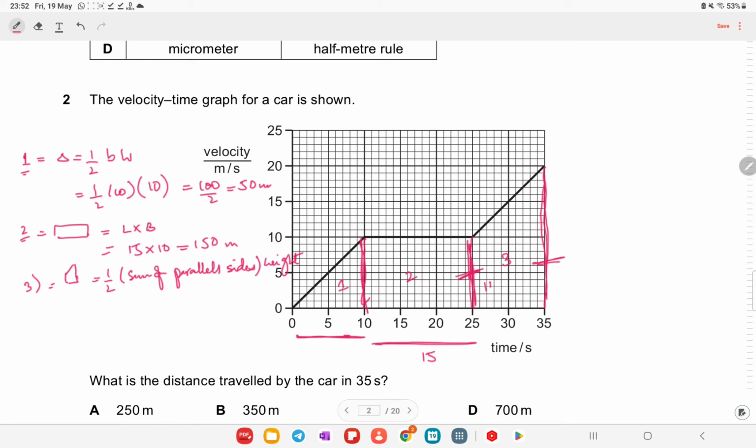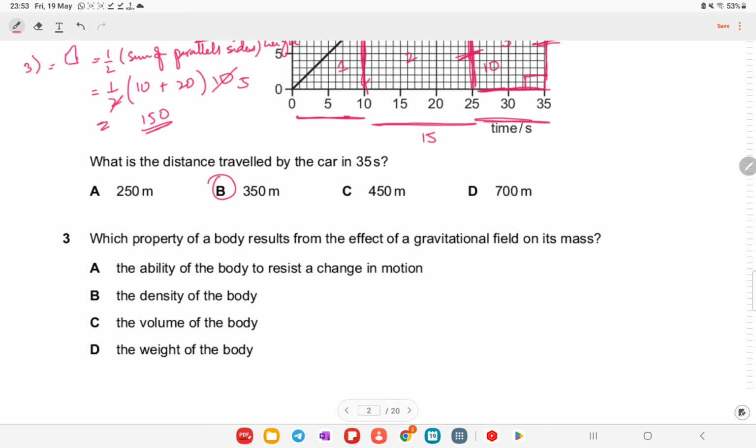So this is going to be 10, and this is going to be 20, and this is going to be the height, which is making a 90-degree angle. So 1/2 times 10 plus 20 times the height, which is 35 minus 25. This is going to be your height, and it's going to be 10. So 1/2 of 30 is 15, times 10 is 150. So add these values and you will end up with B, which is 350 meters.